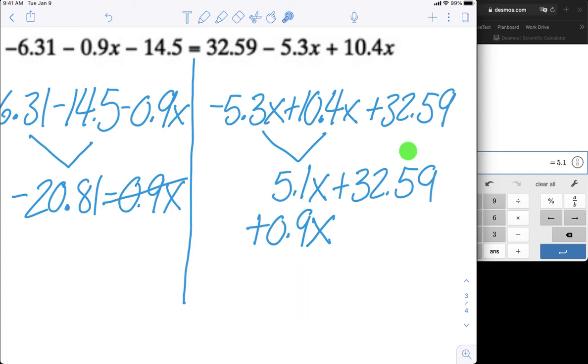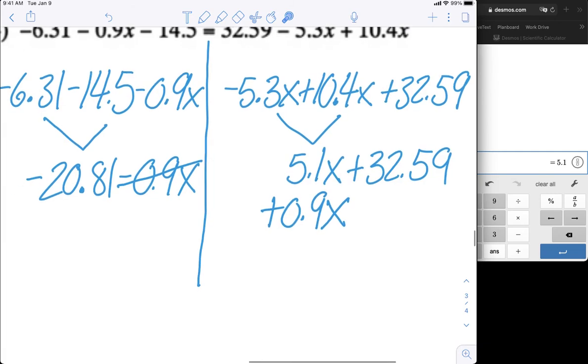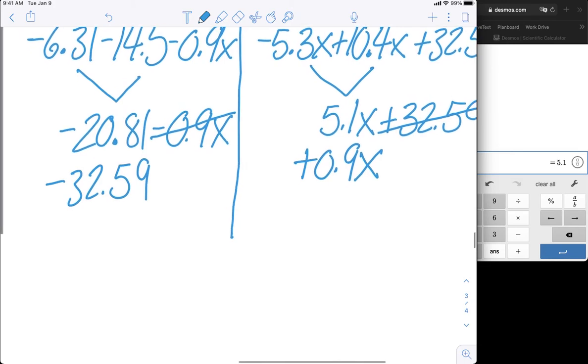That means I need to move this plus 32.59 and bring it over and call it minus 32.59. Cross it out. And I have my numbers here.